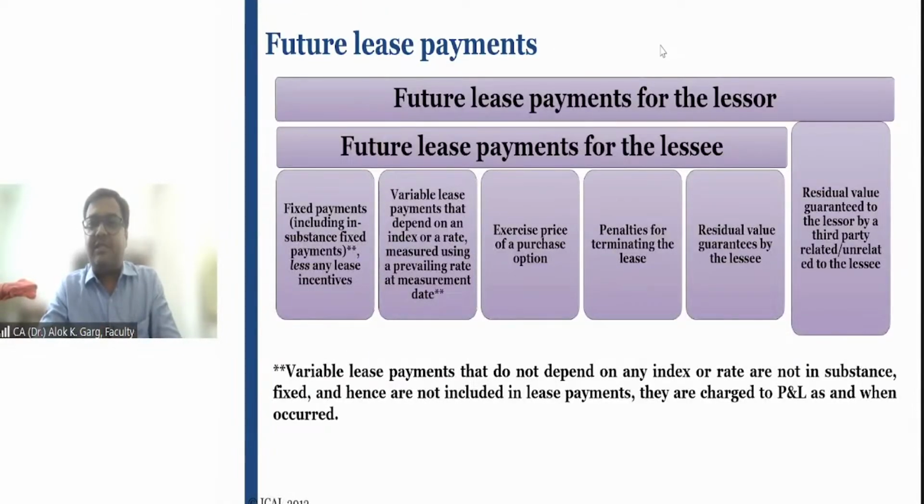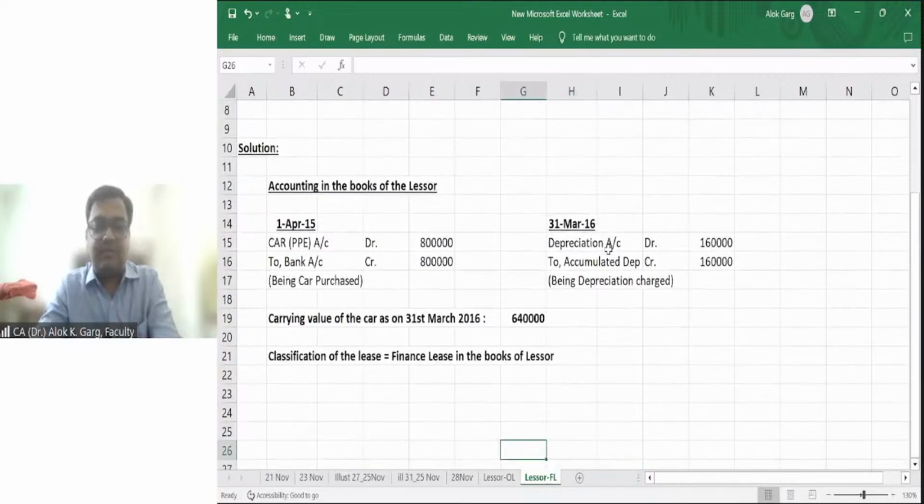The lease payment definition from the perspective of the lessee is fixed payment plus in substance fixed payment plus variable lease payment on the basis of index plus exercise price of the purchase option plus penalties for termination of the lease plus residual value guaranteed by the lessee plus residual value guaranteed to the lessor by a third party related or unrelated to the lessee. Okay. Or even if it is an unguaranteed residual value, it is also a consideration for the lessor, right? So the unguaranteed residual value is also given.